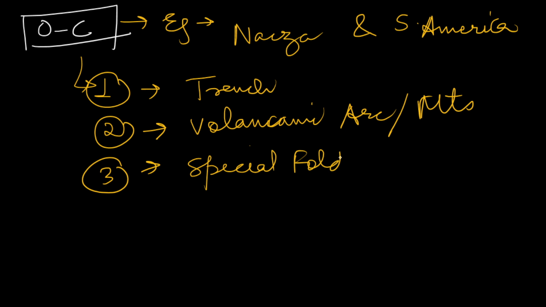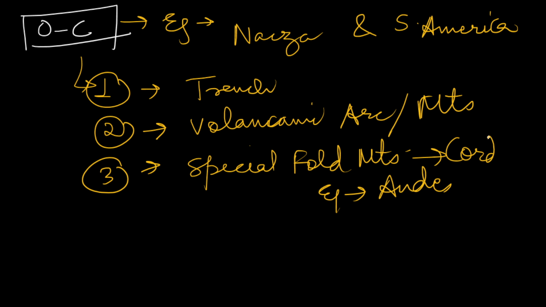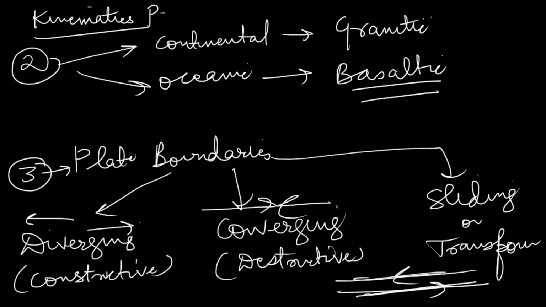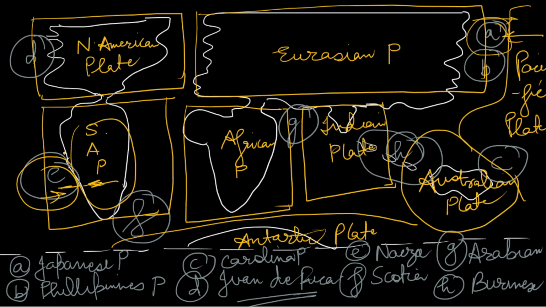The most common example of these special fold mountains is Andes. And these special fold mountains are also known as Cordillera. So Andes is an example of a Cordillera. That is Andes you will find here, in the west coast of South America. So that is how they are formed.